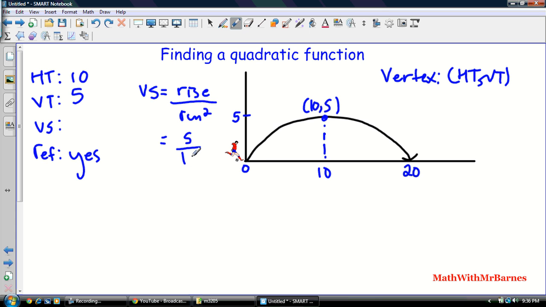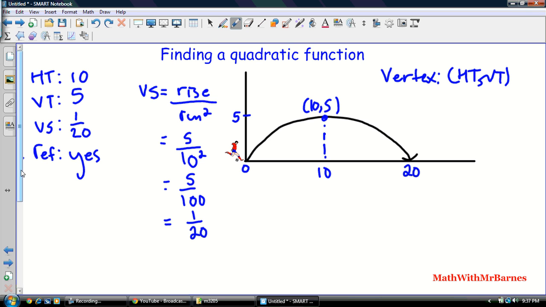My run is 10, goes over 10. So the rise is 5, it rises 5, goes over 10, squared. Okay, so it ends up being 5 over 100, or 1 over 20. So that's my vertical stretch. Remember, vertical stretch is always positive, 1 over 20.